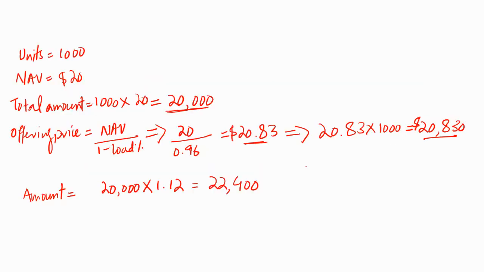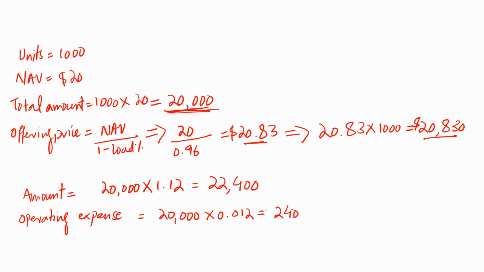Now that means we have to calculate 1.2% of the same 20,000. So operating expenses should be equal to 1.2% of the invested amount. That gives me $240.